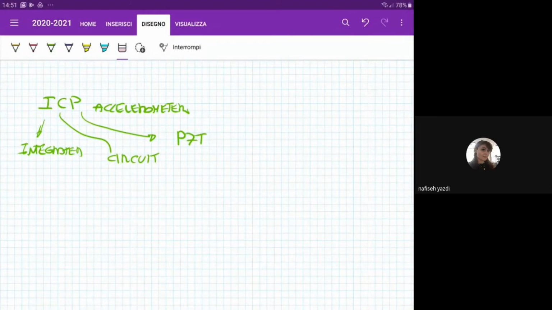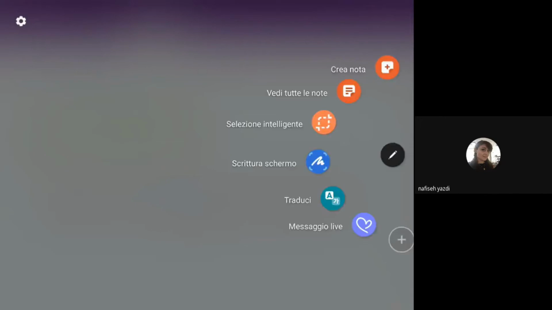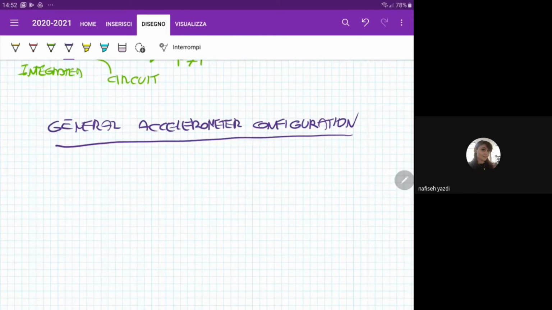So, general configuration. We have the compression configuration and the shear configuration.